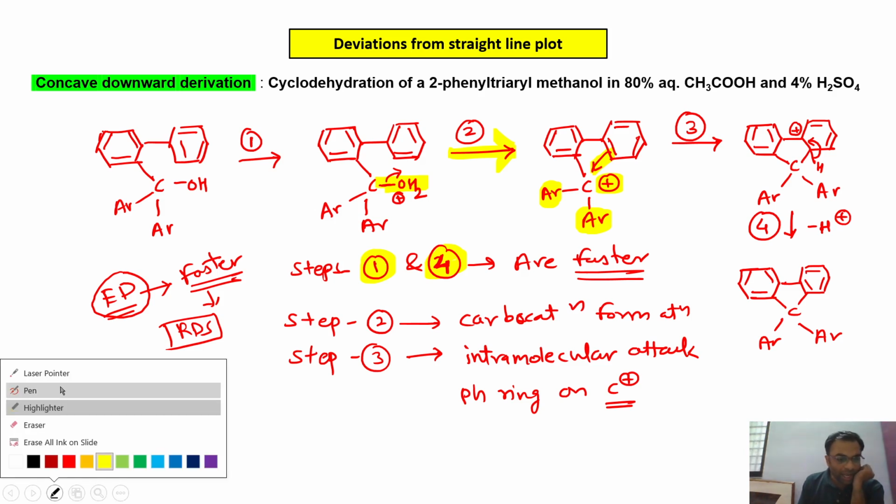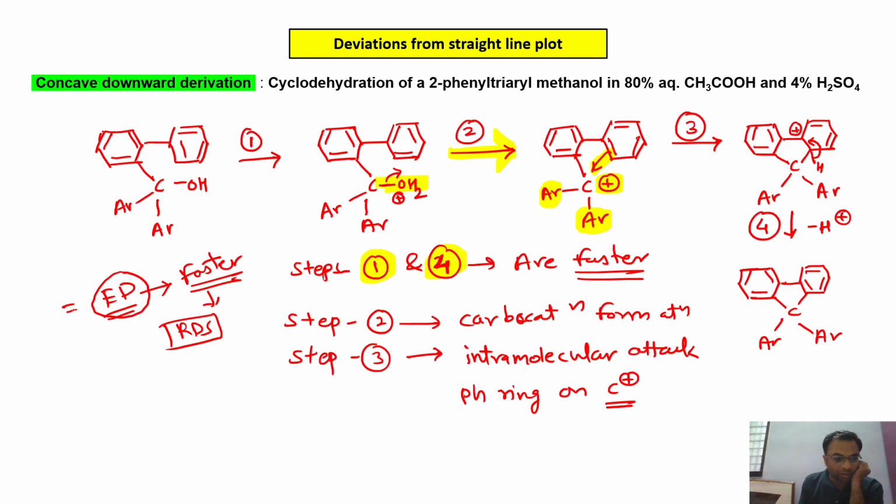The strong electron donating group extra stabilizes that carbocation, so the electron deficiency of this carbocation is now almost zero, and therefore the attack of the phenyl ring becomes very slow. So when a strong electron donating group is present, the third step will be the rate determining step.